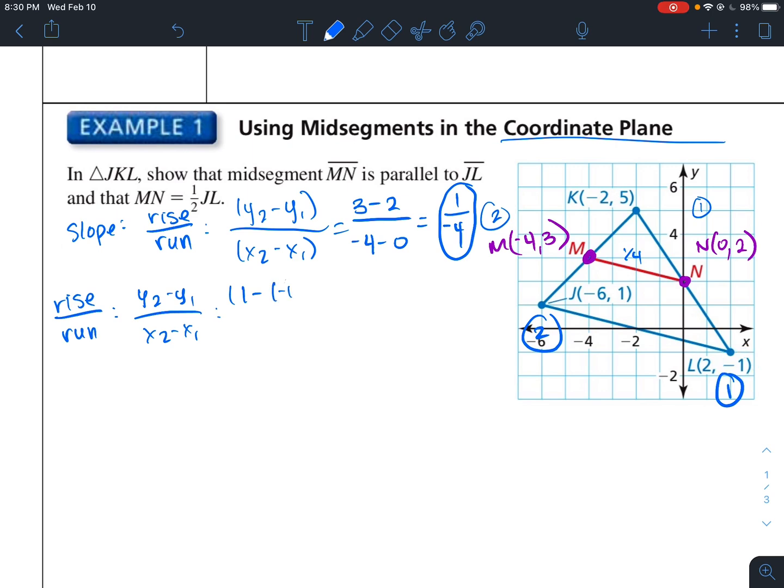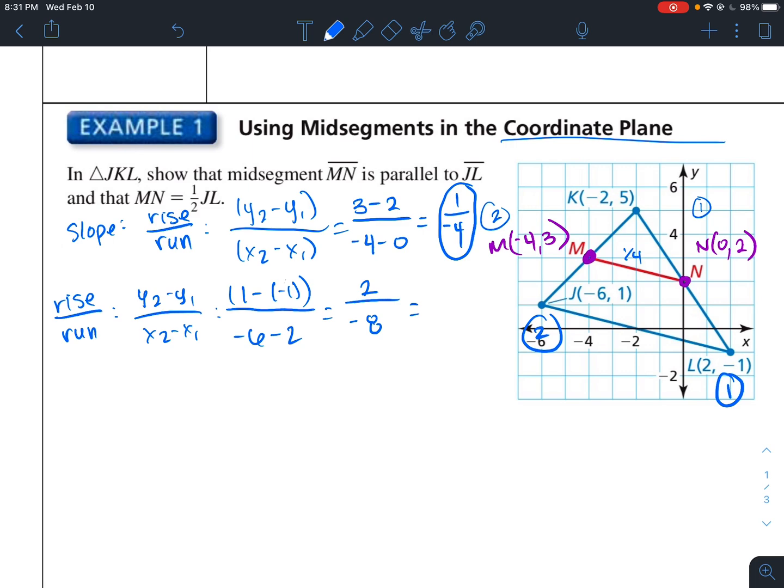so minus negative 1, divided by x2, the x of our second point, which is negative 6, and then minus the x coordinate of our first point, which would be 2. So if you do the math here, 1 minus negative 1 is 2, and negative 6 minus 2 is negative 8.